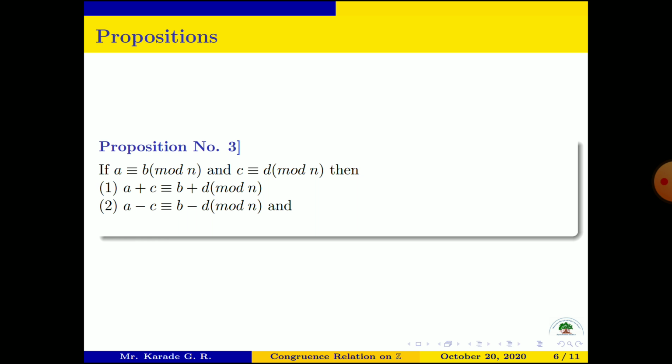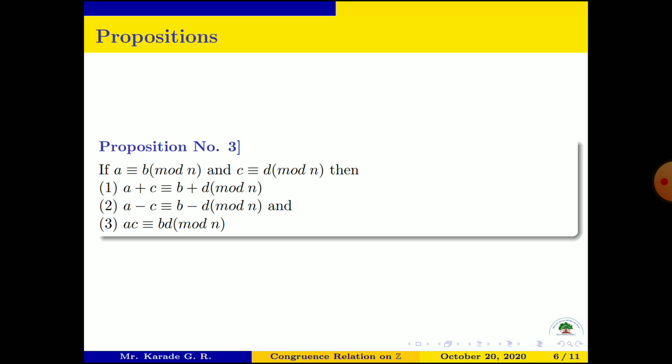Means a is congruent to b mod n and c is congruent to d mod n, we can make the subtraction of these two congruent relations. Now third statement says that ac is congruent to bd mod n. Means this statement says that we can take a product of these two congruence relations also.